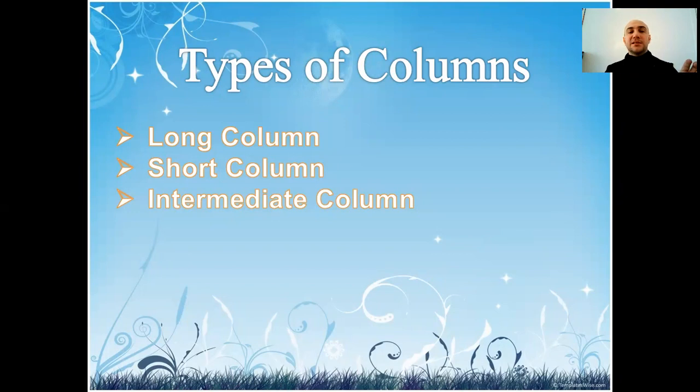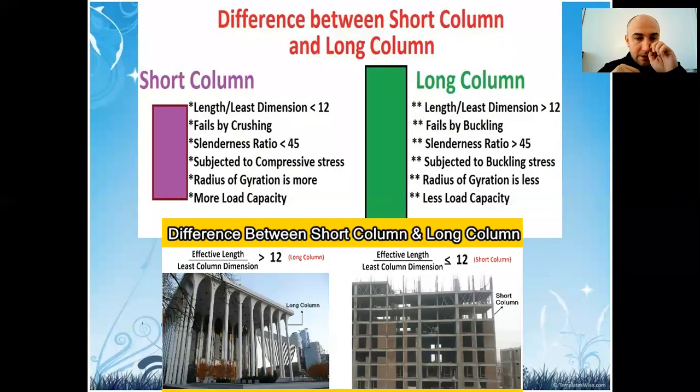The mode of failure is a combination of crushing, yielding, and buckling. Actually, column classification is based especially on slenderness. So, what are the main differences between short columns and long columns?